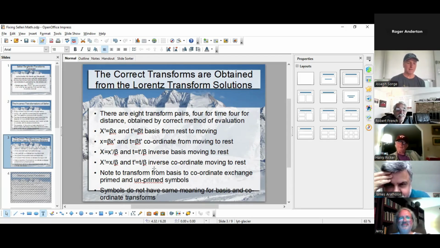Well, Joe, you're just objecting because you claim you have a different interpretation of what T means. I don't know what T means, so I can only go by what the mathematics says. The mathematics says these are the correct equations. It doesn't say that Solari's equations are correct.